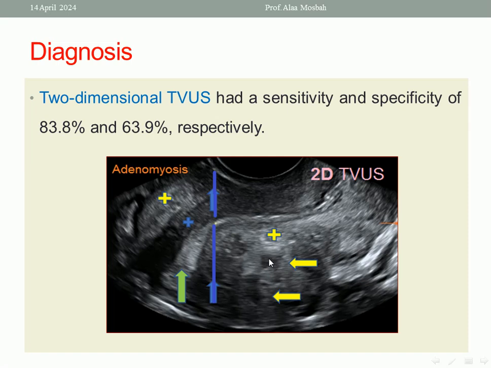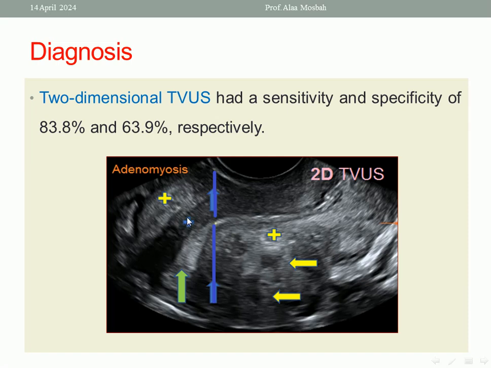Presence of intramural cyst. Like this one, like this one, like this one. Hyperechogenic islands, like this one, the yellow plus here, hyperechogenic islands here, and here. This is another sign. Subendometrial linear striations, as in this area, the blue plus.